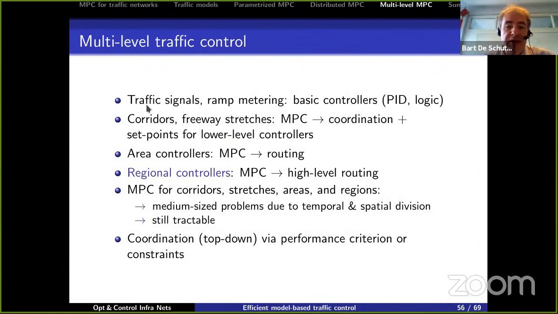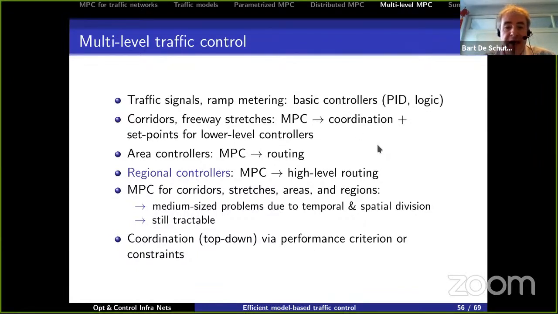Typically for the lowest level controllers, especially traffic signal controllers, which have to be updated every second, or ramp metering controllers, which also have a high update rate, we would look at very basic controllers like PID controllers, logic-based controllers, fuzzy controllers, rule-based controllers, heuristic controllers.